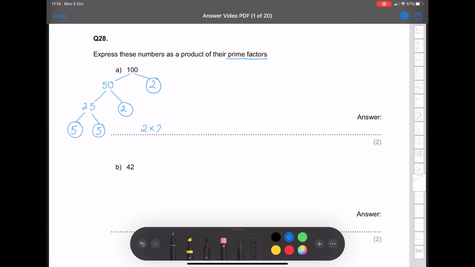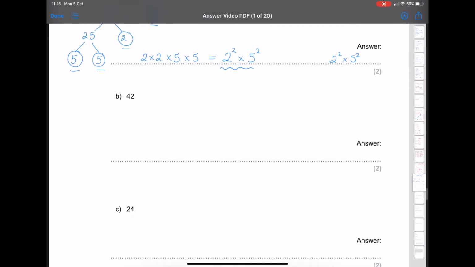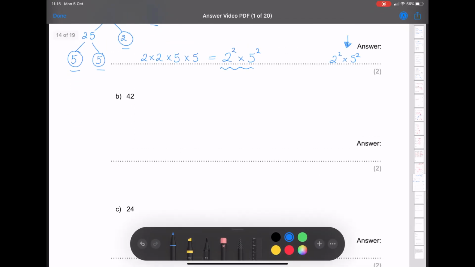So my answer would look like this because I write it down as a multiplication. 2 times 2 times 5 times 5. But 2 times 2 is actually 2 squared, and 5 times 5 is actually 5 squared. So that would be your final answer. Okay. So here what you've done is written it in index form. Okay, and that's what is expected of you in the exam.